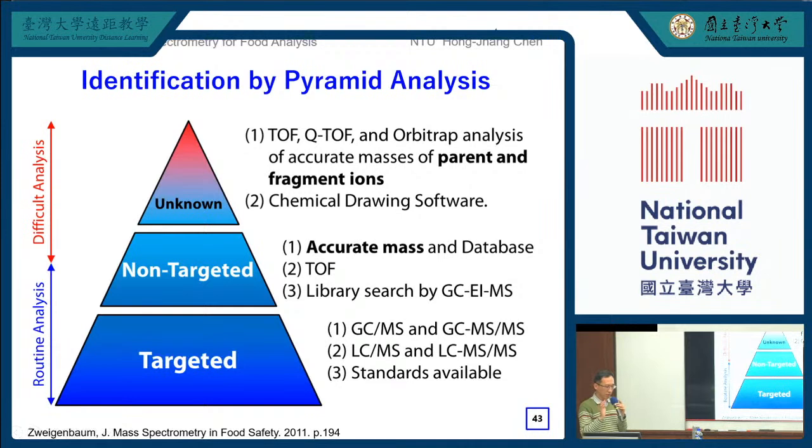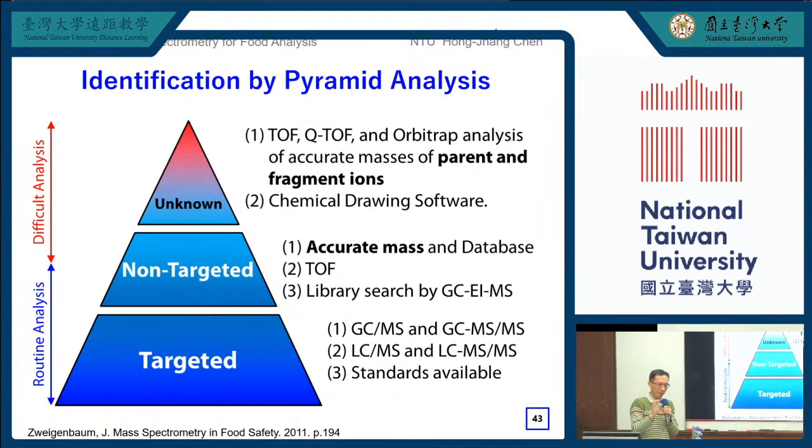So again, MS means different types of MS machines, and the same machine does different types of work. So if you want to do this kind of experiment, you need to know what kind of compounds or experiment you want to do, and then you have a strategy to do your experiment.